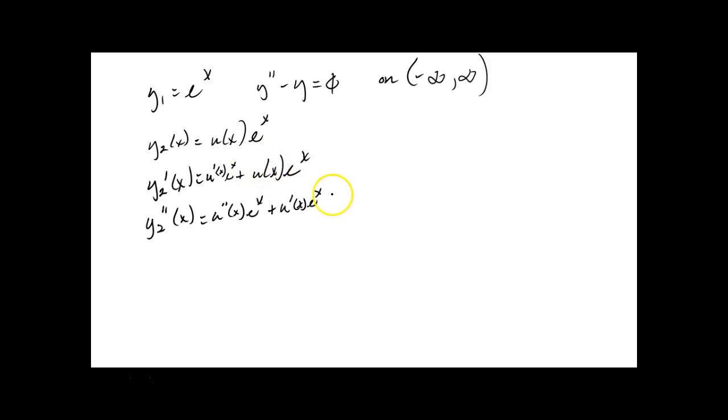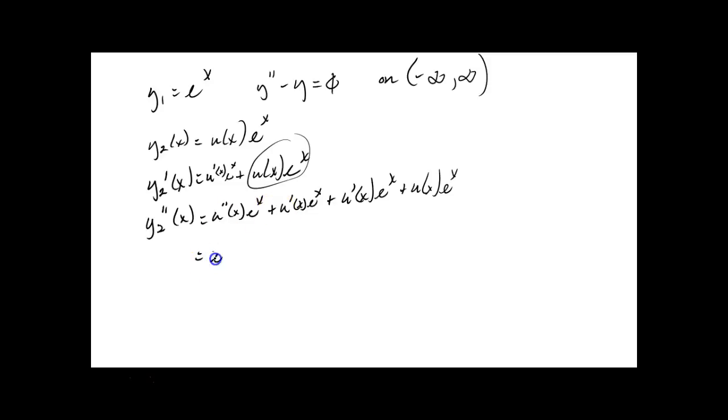And what would that be? Plus, u prime of x, e to the x plus u of x, e to the x. Got it. Okay? Now, let's combine like terms, you might say.